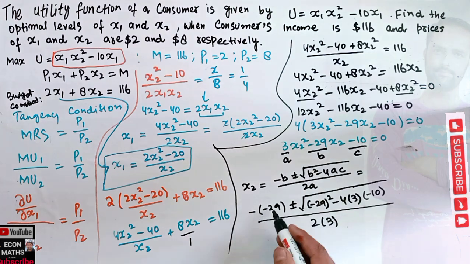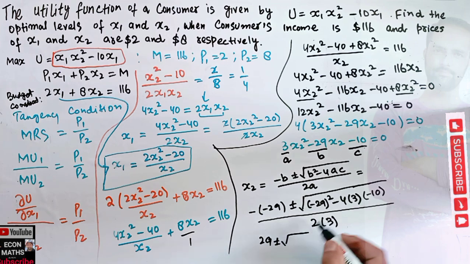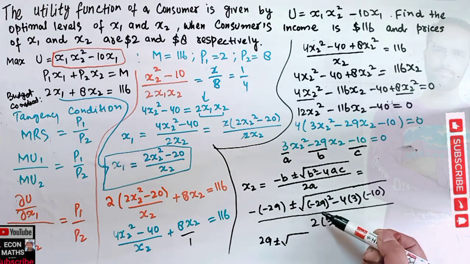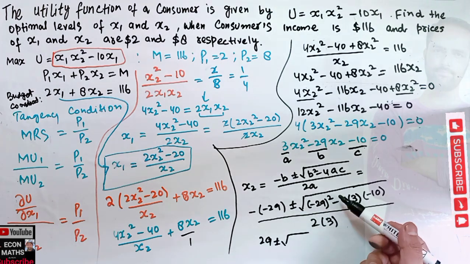Now this will become minus into minus is plus, so we have 29 plus minus. Now 29 square, the square of a negative number is positive, obviously.